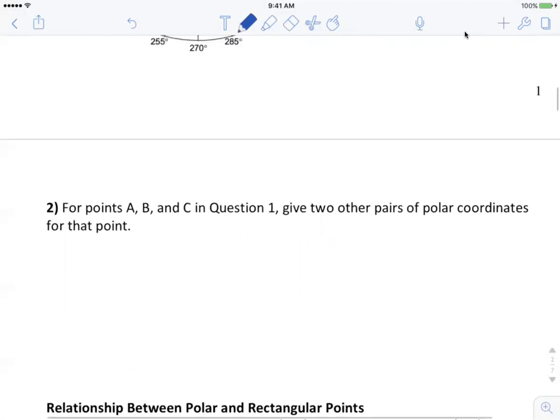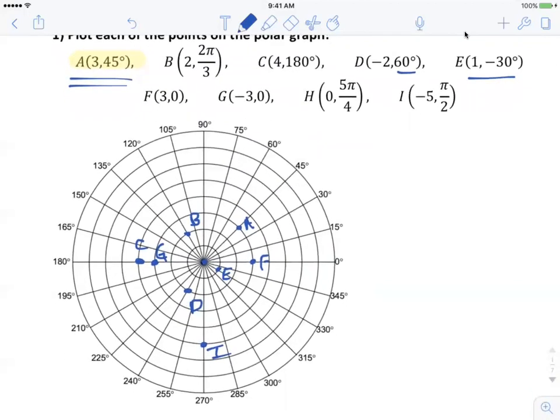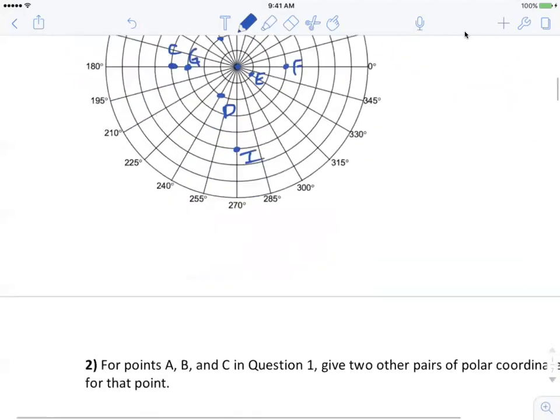So for example, when A is (3, 45), you could also call that, well, if you added 180 to 45, you would get 225, and then change that to a -3. So (-3, 225) would also be in that very same location as point A.